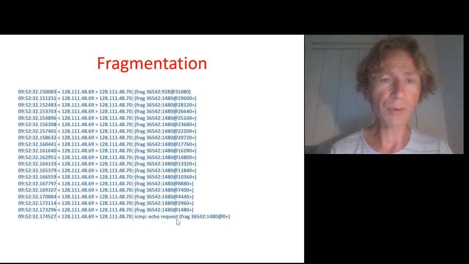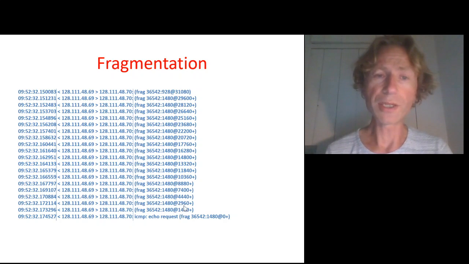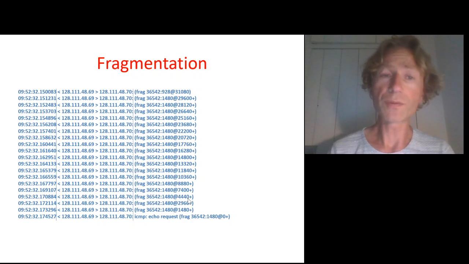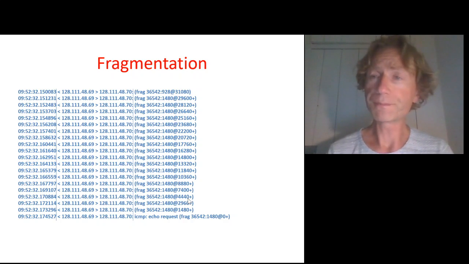It's a fragment with an identifier, and in this particular case the first one has 1480 data bytes, and they start at offset 0. The next fragment with the same IP identifier is also 1480 bytes long and starts at offset 1480. The next one starts at offset 2960, the next one at offset 4440, and so on.